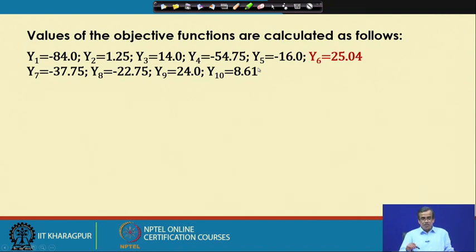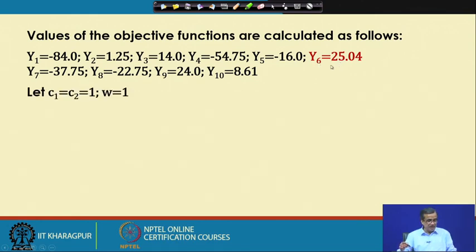Now, remember we are solving a maximization problem. If I compare the values of y, corresponding to y6 I am getting the maximum value of the objective function. So, this is the best solution.